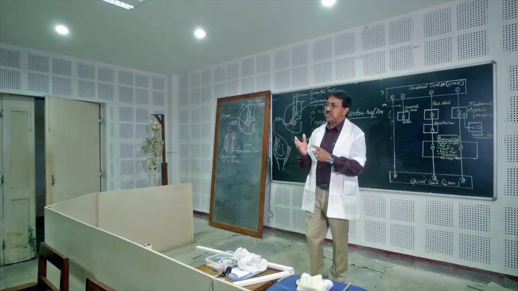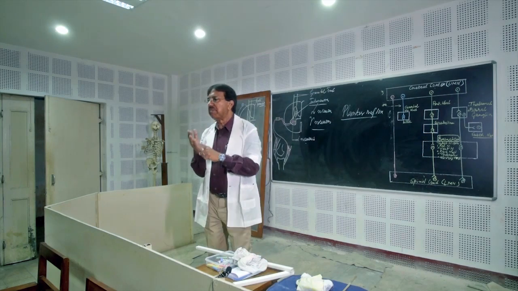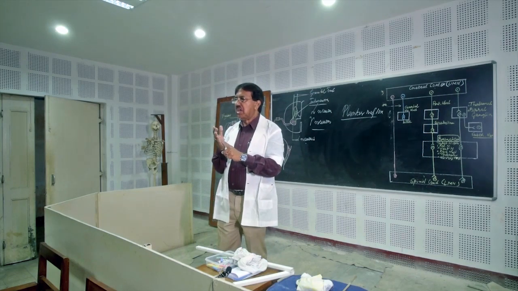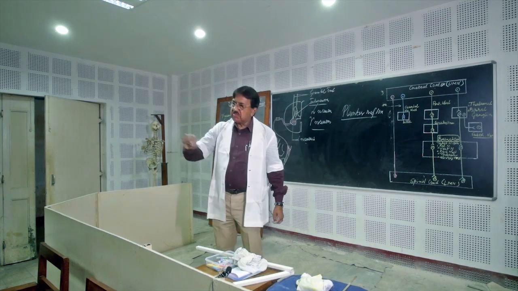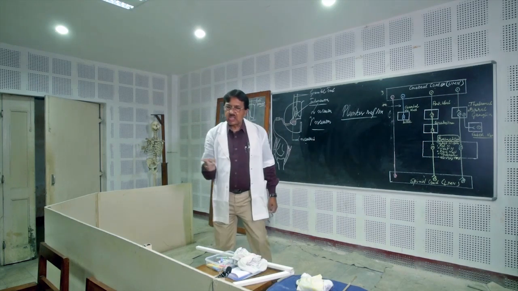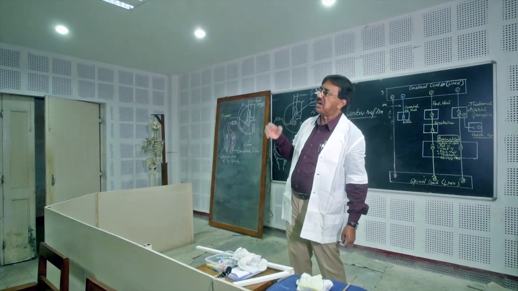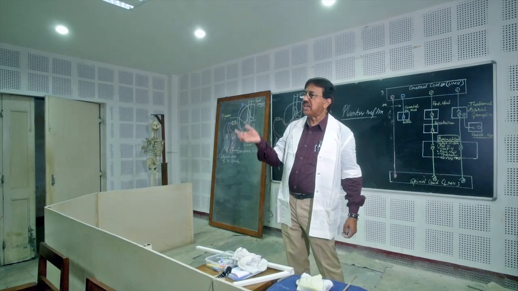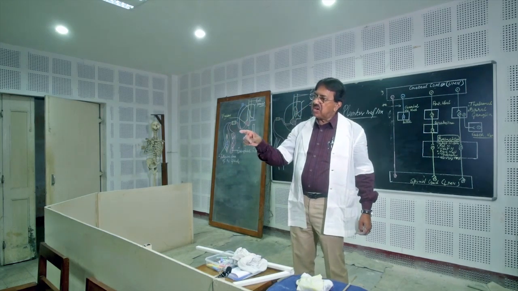The plantar reflex shows the integrity of the segmental reflex pathway. When there is scratching of the lateral border of the sole of the foot, the impulse travels through the afferent components of the plantar nerves, ultimately the tibial nerve, and finally reaches the spinal cord.